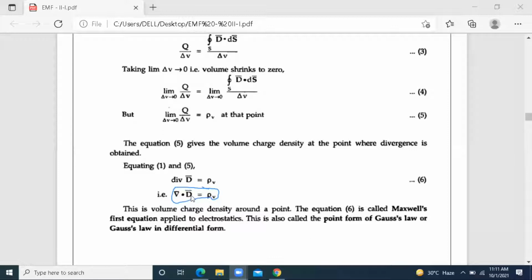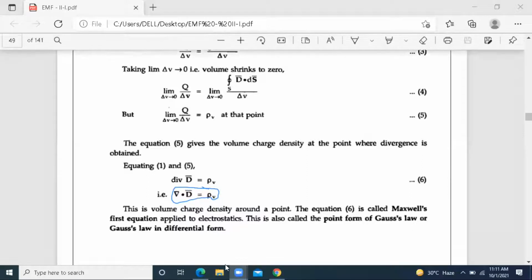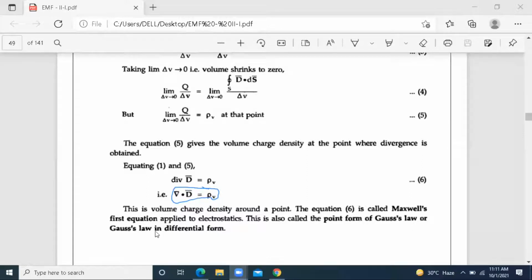Divergence of D equals rho v. So this equation 6 is called Maxwell's first equation applied to electrostatics. This is also called the point form of Gauss's law, or Gauss's law in differential form.